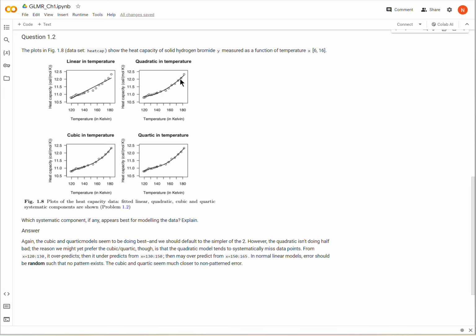And so now let's look at the quadratic one. Again, this one seems to be doing very, very well, but there are a few problems here. So what are the problems? Well, there's really one problem that is expressed throughout the curve here. And that is these systematic departures from the systematic component.